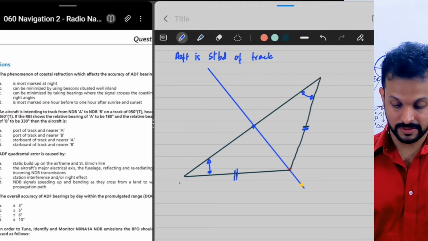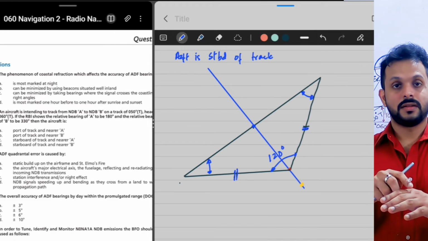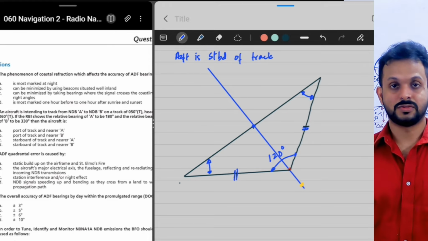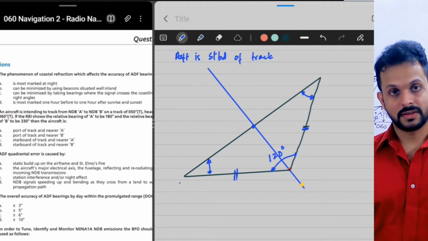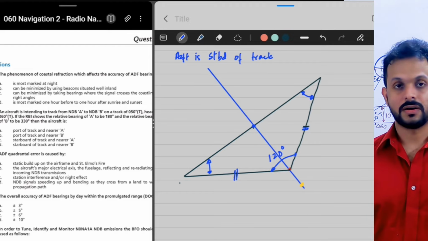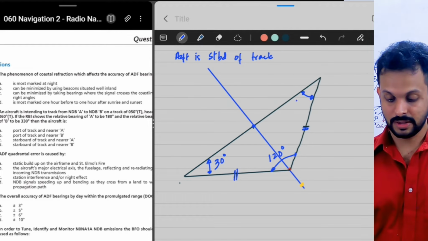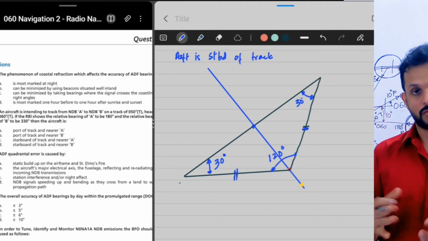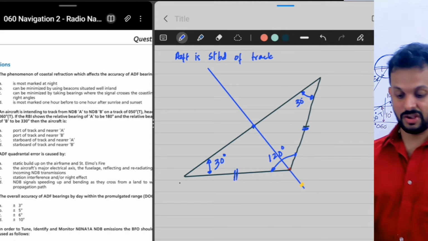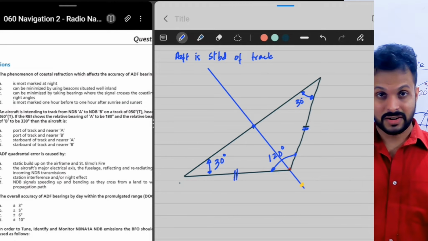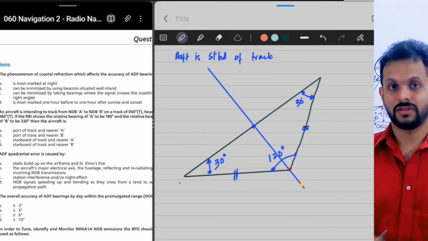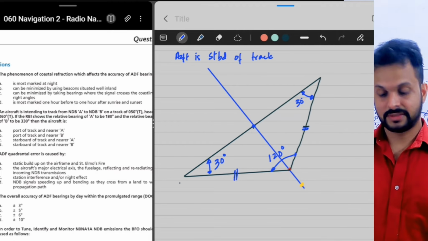Say, for example, if I take this angle to be 120 degrees, the sum of the triangle is 180 degrees, so the rest of the angles should add up to 60 degrees, 180 minus 120. Therefore, this is going to be 30 degrees each. So if in a triangle two angles are equal, the third vertex of the triangle is on the bisection of the opposite side. That's exactly what you've seen here.